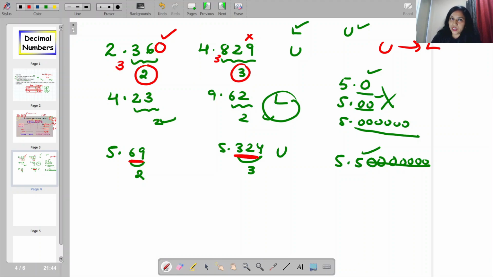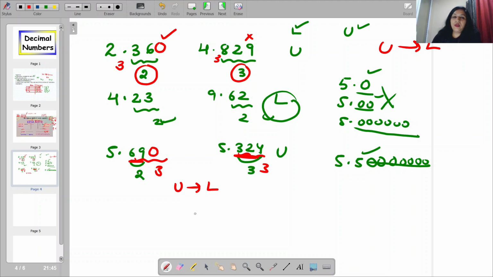We have three digits. Here we have two digit. अगर मुझे दोनों में equal number of digit चाहिए, how many more zeros I need to add? यहाँ पर 3 है, यहाँ पर 2 है, तो just one zero is lesser. I will put one zero here. Now here also three digit, here also three digit. Unlike is converted to like decimal, right?